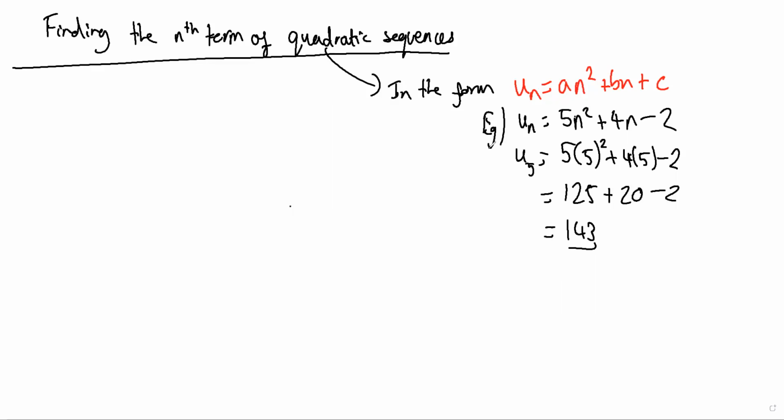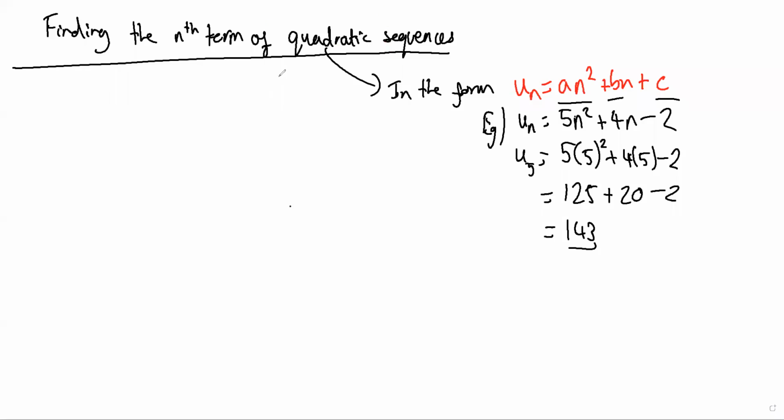This is just an example of a quadratic sequence. And you can tell that it's in the form of quadratics, because if you think about your quadratics in the rest of algebra, when you have x's, it's in the same form. So that's why they're called quadratic sequences.